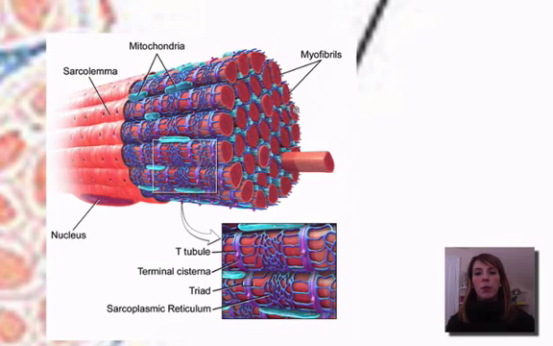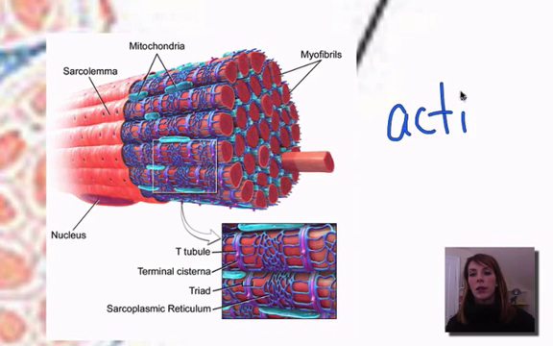There are about 1,000 myofibrils in a given muscle cell, and those are the structures that are composed of protein, specifically the proteins actin and myosin.